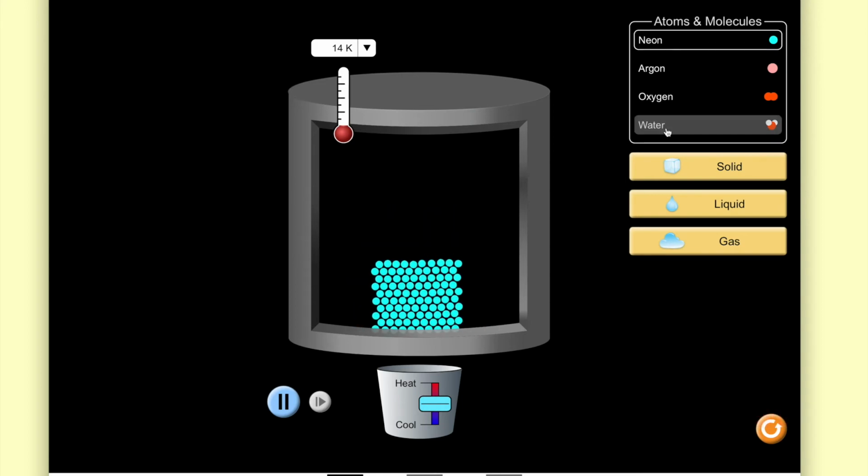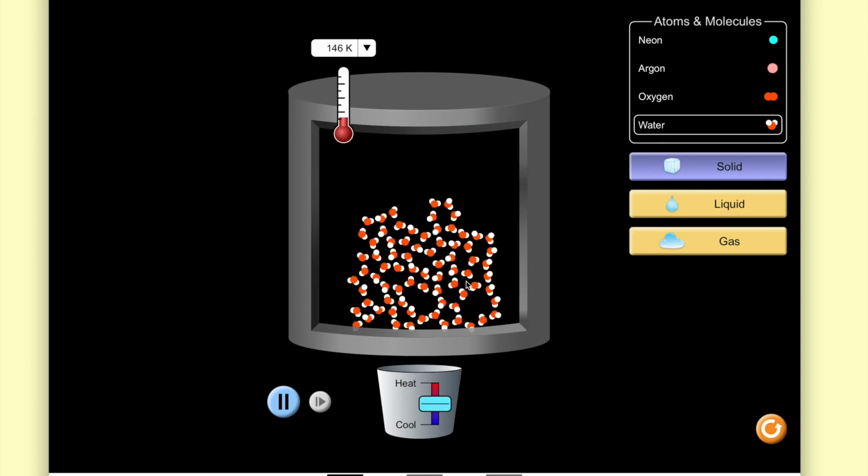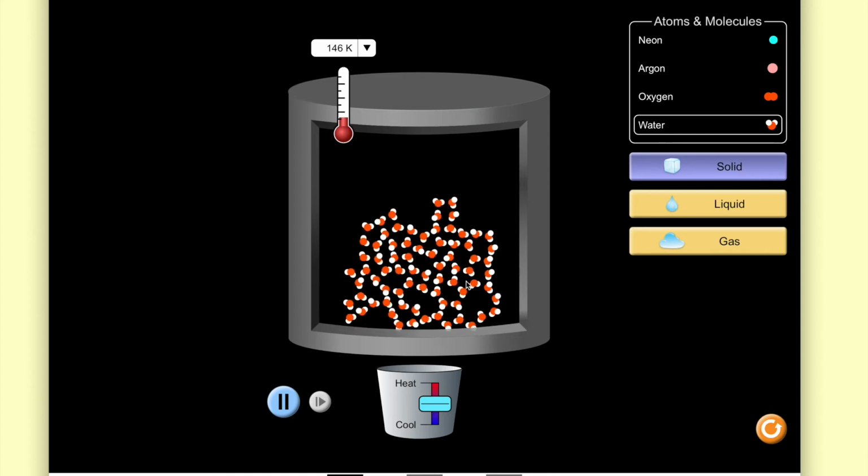With this model, you can see with our neon, our particles nicely in a straight line, whereas water, they look a bit different even though we're still a solid. And one of the limitations of these particles is it's not including any forces of interaction that are happening between these molecules.